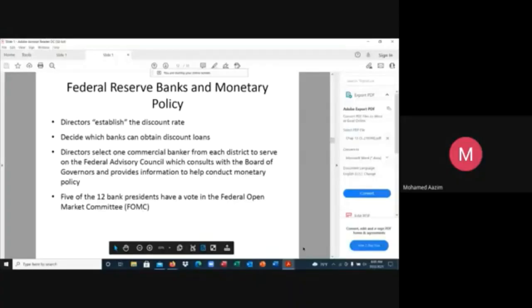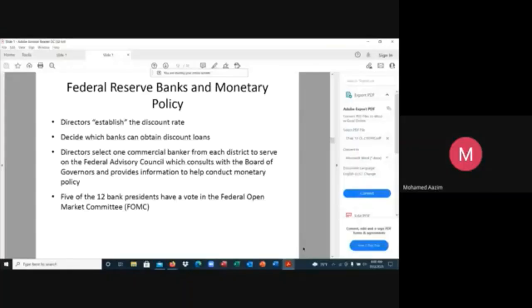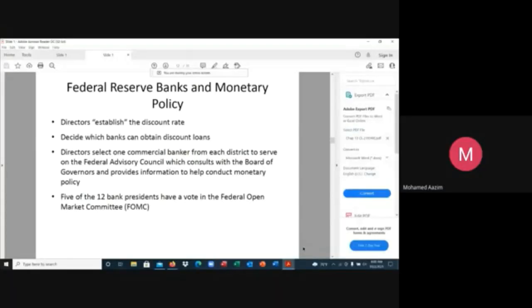Okay. So another important consideration in terms of Fed Reserve banks and monetary policy aspects, or central banks and monetary policy aspects. In the case of the Fed Reserve, the board of directors establishes the discount rates, the rate at which they facilitate discount lending.